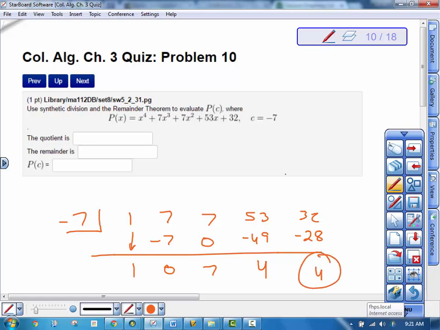And so the quotient is x cubed plus 7x plus 4. I don't have to write the 0x squared. The remainder is 4, and that means that's what's left over. If I plug in that value, the y value is also the remainder. That's the remainder theorem. It's easy to say.